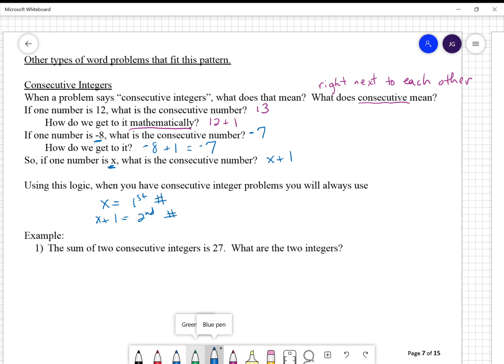Now, if there's more than two numbers, x plus 2 equals third number. I just keep adding 1 each time. So the only thing this does is that when you are dealing with consecutive integer problems, step 1 is already done for you, or step A.